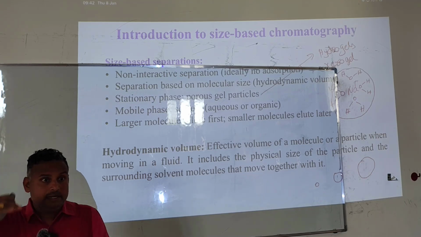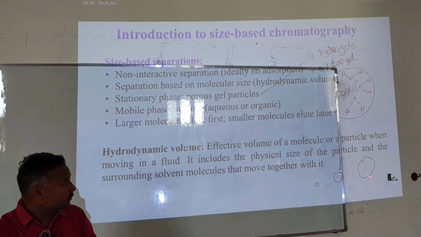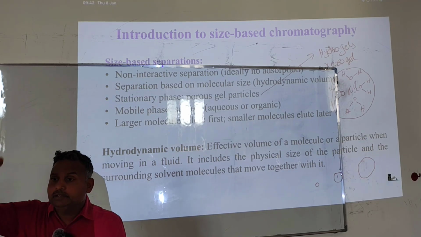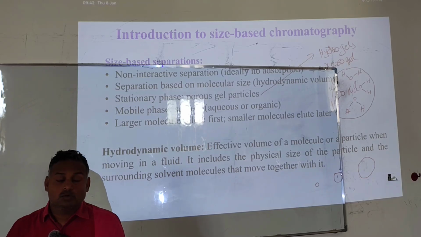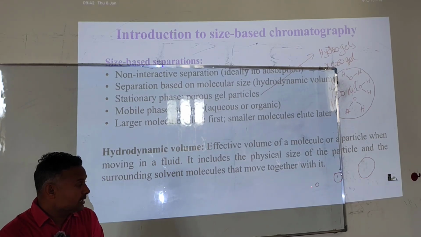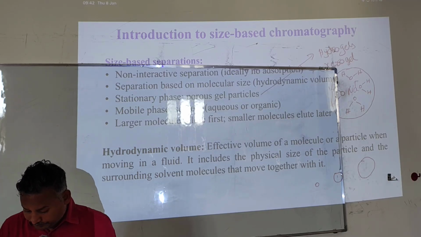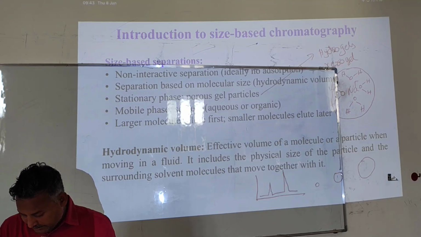Three bands. One band for this one, second band for this one, third band for this one. That means in the chromatograph you will have three peaks. One peak is for this, one peak is for this, another peak is this one. When you see the chromatograph, you will see peaks like this.